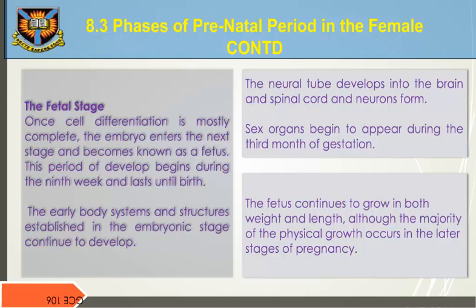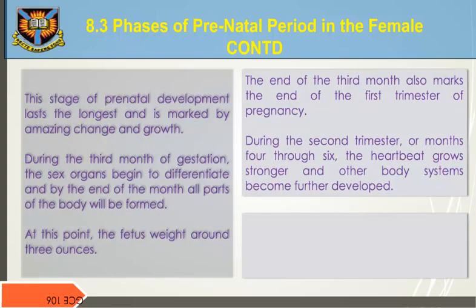The neural tube develops into the brain and spinal cord, and neurons form. Sex organs begin to appear during the 3rd month of gestation. The fetus continues to grow in both weight and length, although the majority of the physical growth occurs in the later stages of pregnancy. This stage of prenatal development lasts the longest and is marked by amazing change and growth.